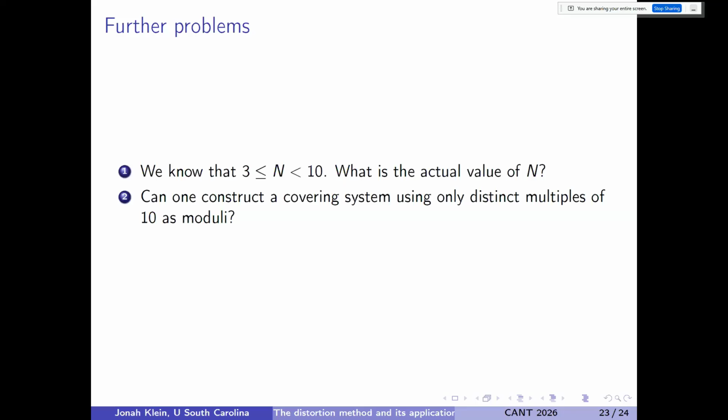This seems a little bit harder, right? Because this is actually asking for you to be able to partition the congruence classes into different sets where each one is a cover. Yeah, it is harder.